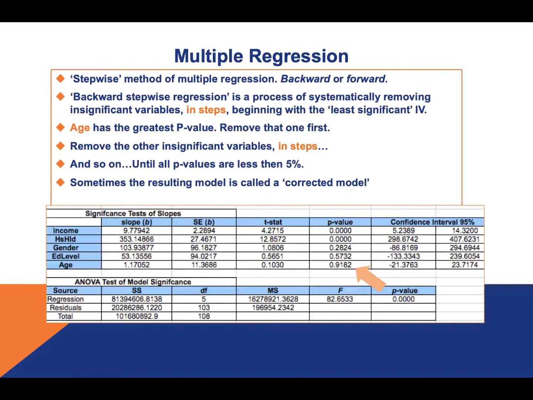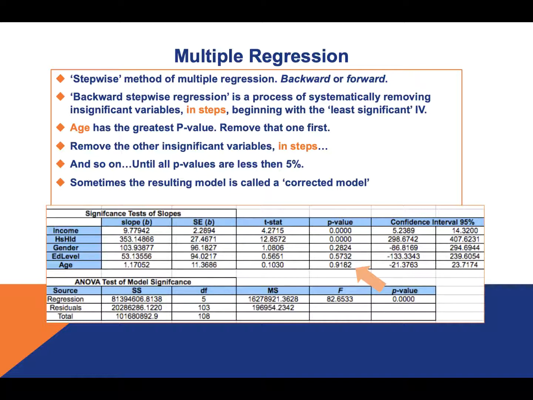The backward stepwise regression method is a process of systematically removing insignificant variables in steps, beginning with the least significant independent variable. Here, age has the greatest p-value, as we've noted. So using the stepwise method, we would remove age and refit the model. In other words, rerun the regression, only now without age.